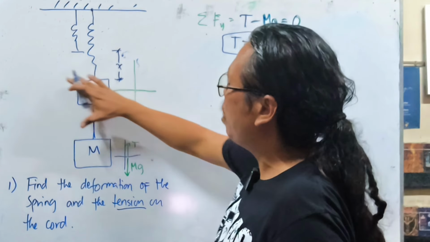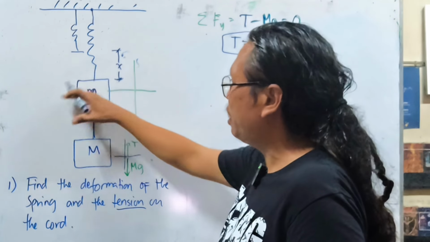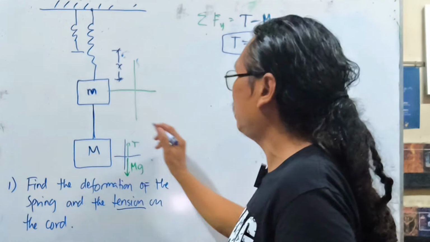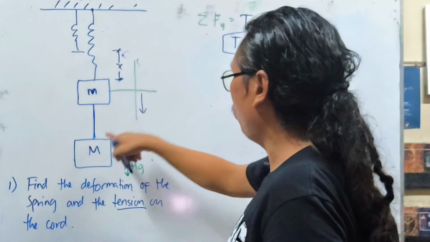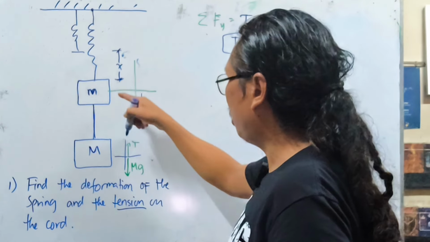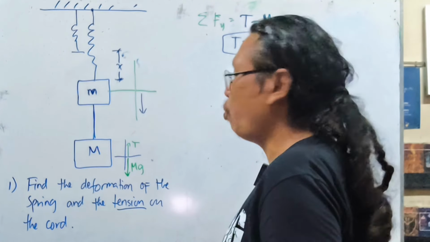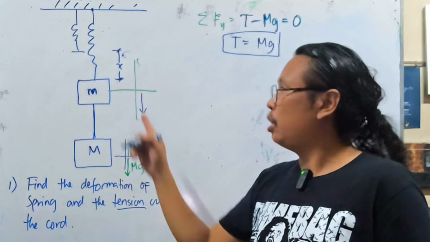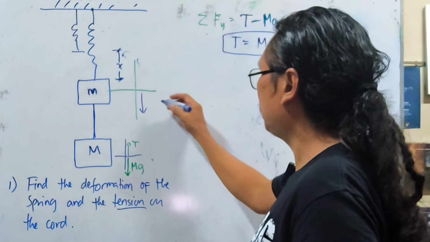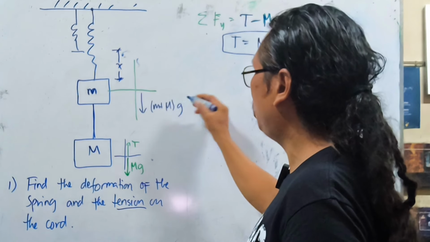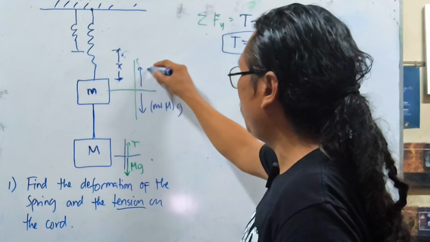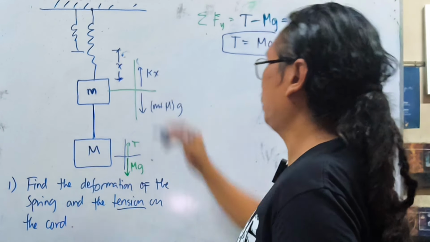It's just like there are two masses, or one body attached to the spring, with total mass m plus M. So going downward is (m plus M) times g, and upward would be kx.